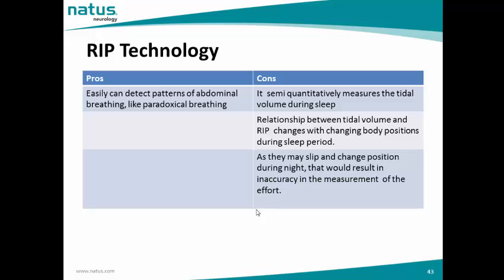The cons are that it semi-quantitatively measures the tidal volume during sleep, and when changing body position during the sleep period, the relationship between tidal volume and RIP would change. And because of changing body position during the night, the belt may slip. That would result in inaccuracy in the measurement.